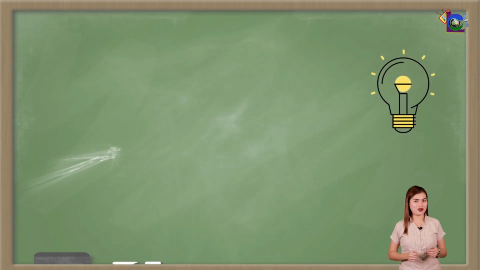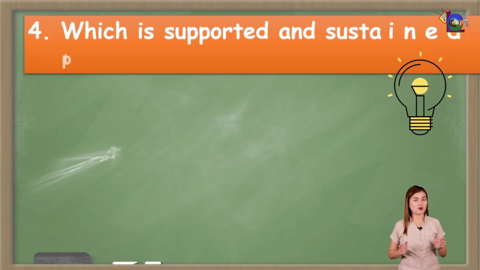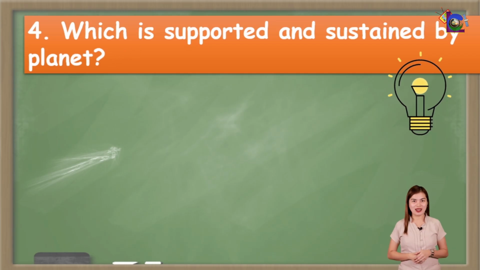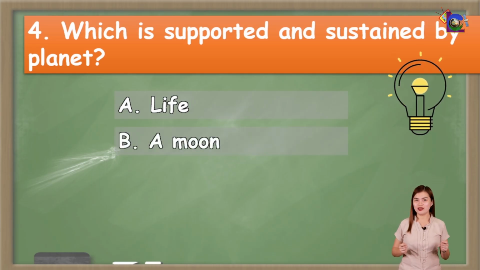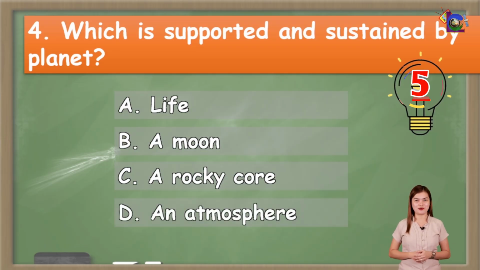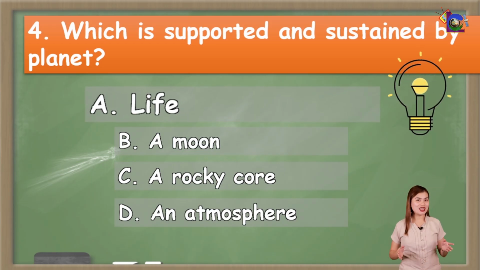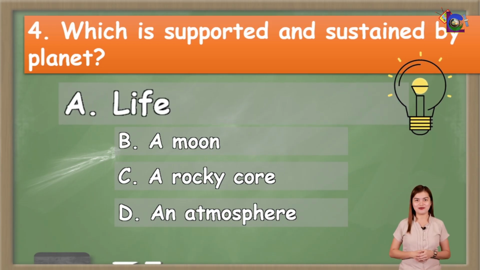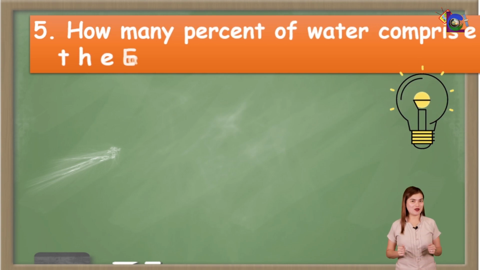Question number 4. Which is supported and sustained by planet Earth? Is it A, life? B, a moon? C, a rocky core? Or letter D, an atmosphere? The correct answer is letter A. Question number 5.